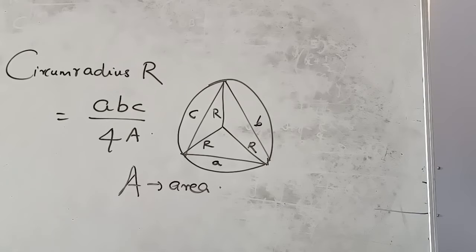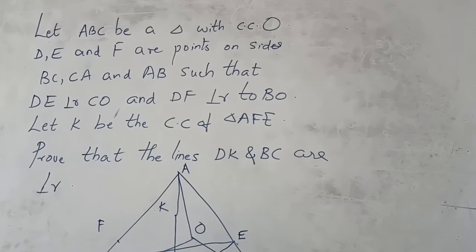Before leaving the class, I will give you a sum that has come in one of the Olympiads regarding the circumcenter. Though the sum looks extremely complex when you read through it, you will see that the solution is very simple. I would rather ask you to try out the sum once before looking at the solution. This particular question I have taken from the European Mathematical Olympiad of 2012.